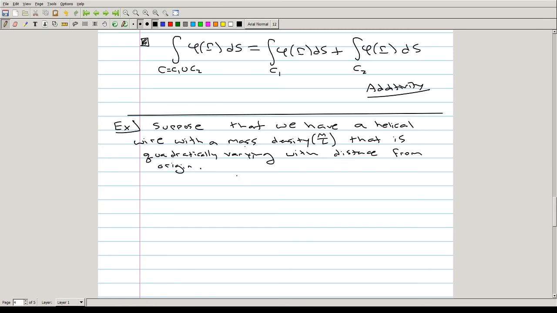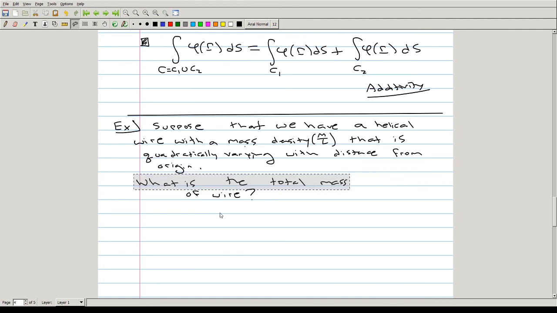The question: what is the total mass of the wire?